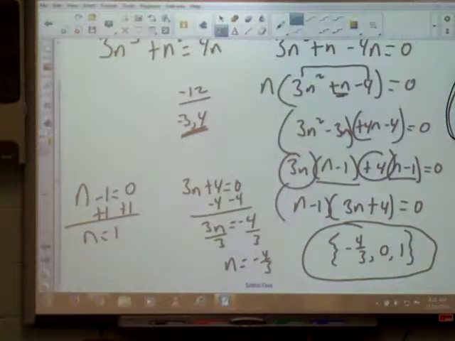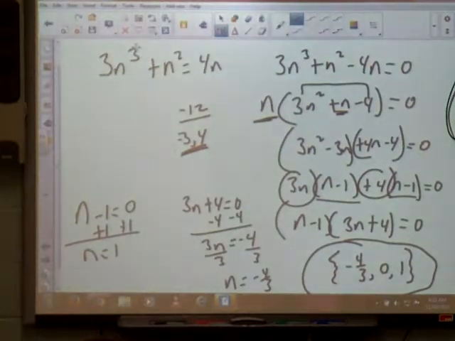Why is there a 0 in there? Remember that? Don't forget that 0 because of that n we took out in the beginning. Okay, and remember this old Algebra 2 rule here. Whatever your highest power is, that's how many potential answers you have. They might not all show up because some of them might be imaginary.